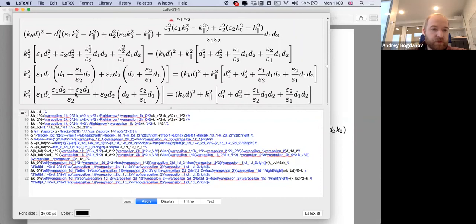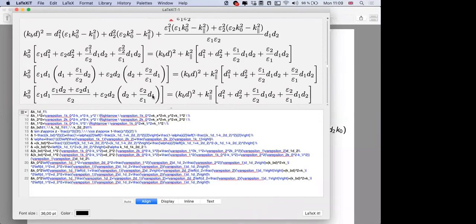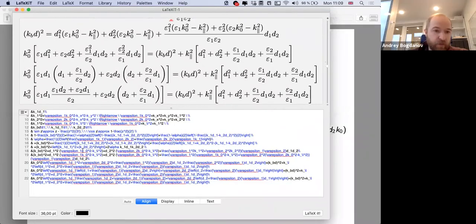Very similar expression I can write for the second term. Okay, and is it evident for you that we will have the same bracket, epsilon 1 d2 plus epsilon 2 d1, and here I will have epsilon 1 d2, epsilon 2 d1. Yes. So it means this is a common factor. Okay, maybe let me write this common factor here.